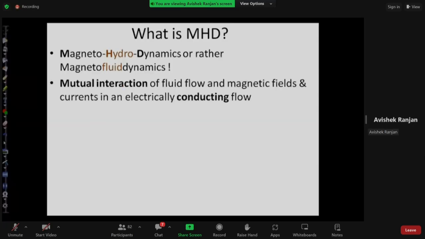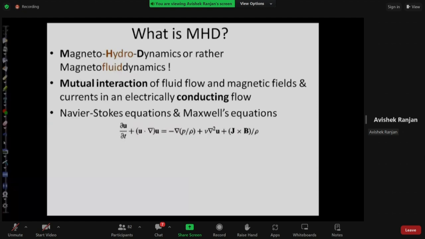Essentially the basic idea is that there has to be a mutual interaction of a fluid which is conducting in the presence of some applied magnetic field and applied currents. So the fact that the fluid is electrically conducting is very important, and also important is the fact that there has to be a magnetic field or electrical current present.